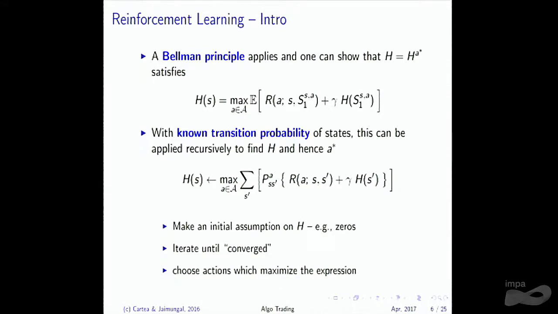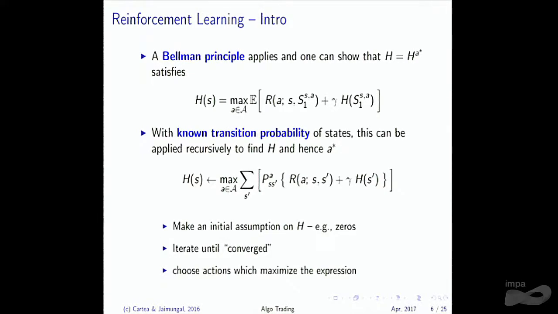And one way to try to figure out what the optimal actions are, if you knew the transition probabilities, so if I actually knew what the model was, if I knew that I can go from S to S prime when I take action A with this probability, then I simply need to solve that maximization over an expectation in a recursive manner. So one way to do it is you assume a policy, you compute your reward.